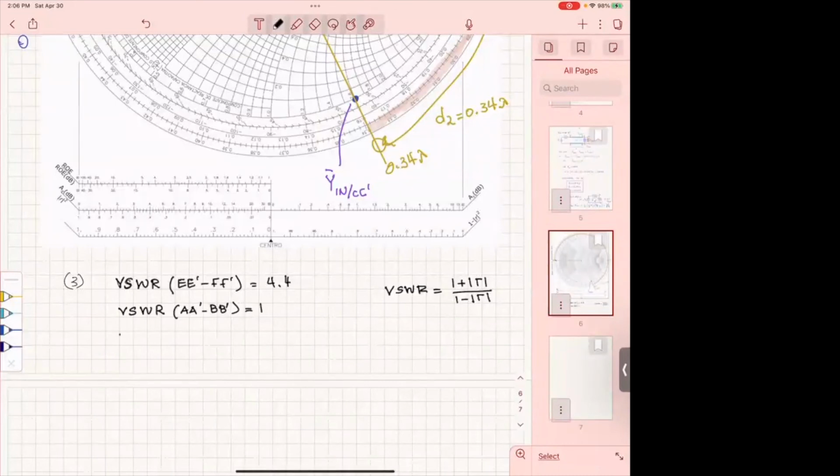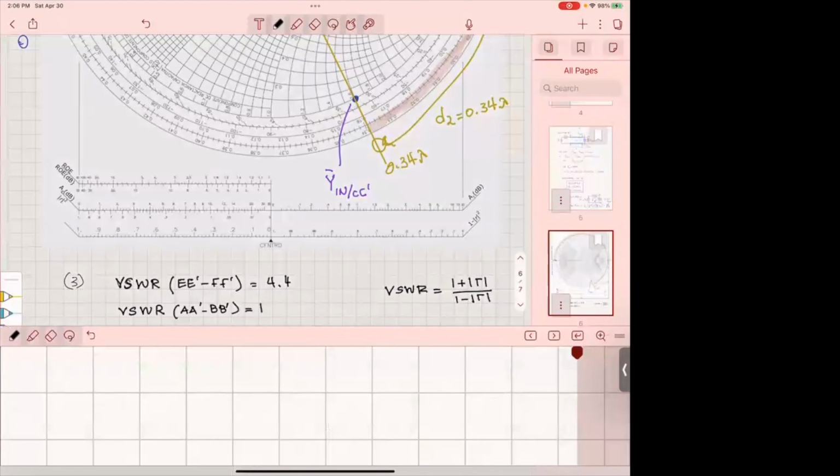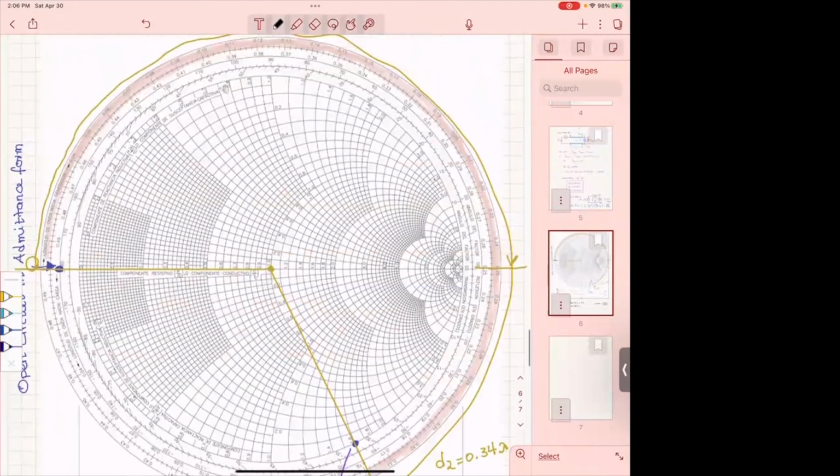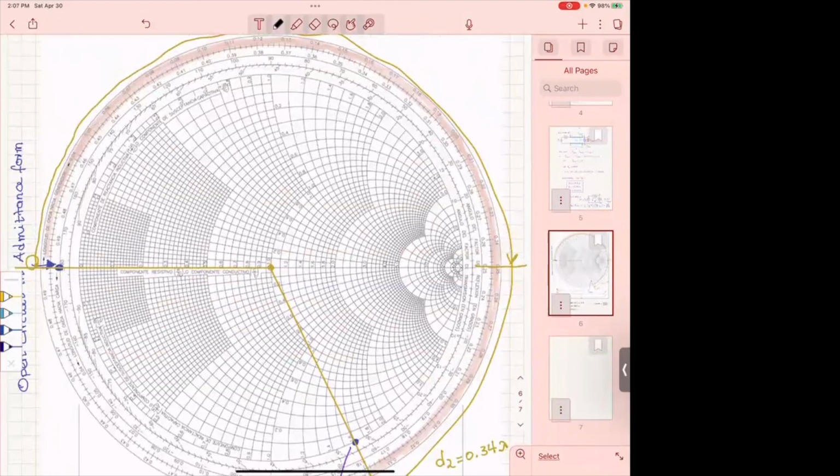So the last question is, what is the VSWR on the stub? Let's see how much this is. The stub, you see, is on this outer circle, because the load at the stub is infinite in impedance form if it's open, and in admittance form it is 0, all right?